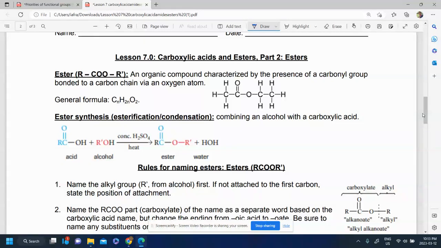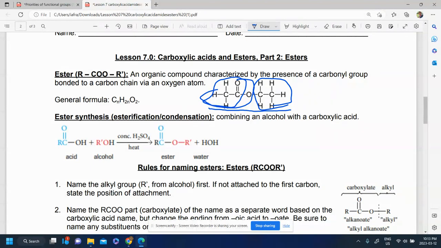In this video, we're going to take a look at esters, which are actually made of organic compounds you already know. So here we have an ester. This ester has two parts to it. There's a part over here, and then, well, let's count the O in there, and then a part over here.